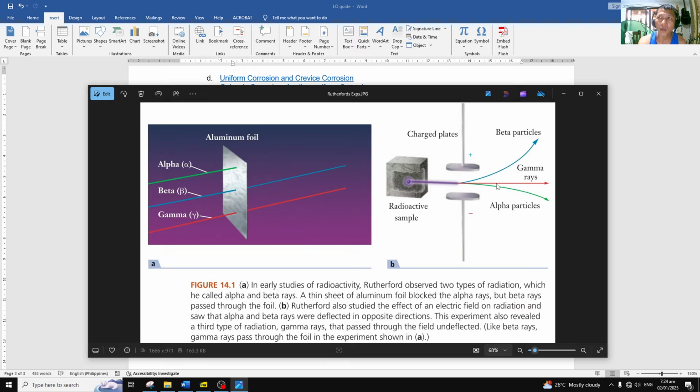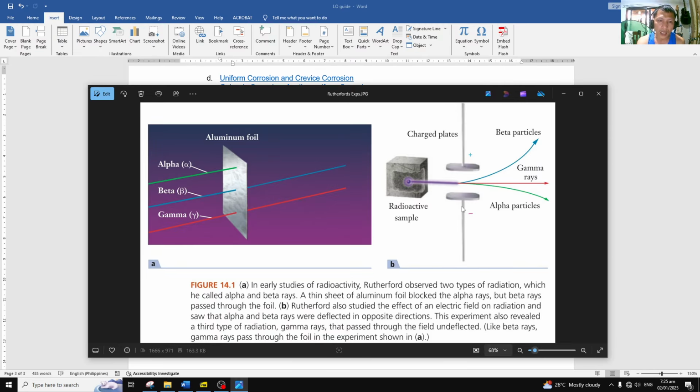There is an experiment wherein some rays pass through while others are blocked, of course because they interact with the protons. In continuation, Rutherford found that some rays still interacted.